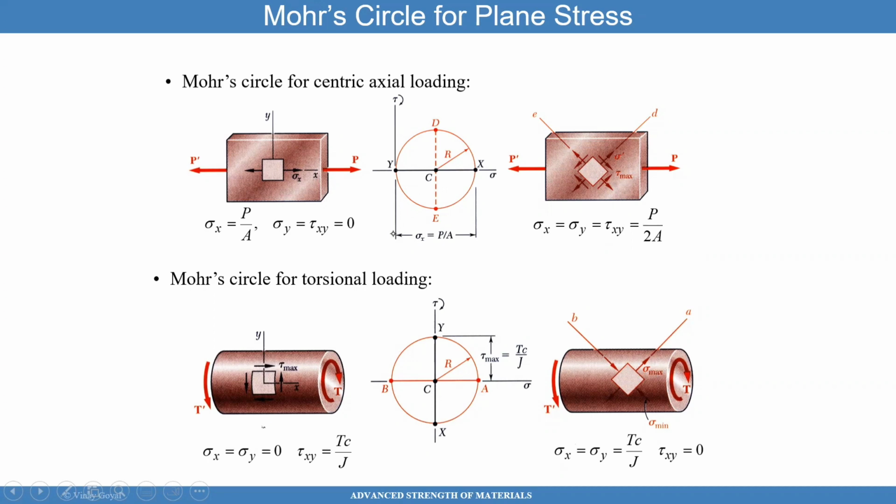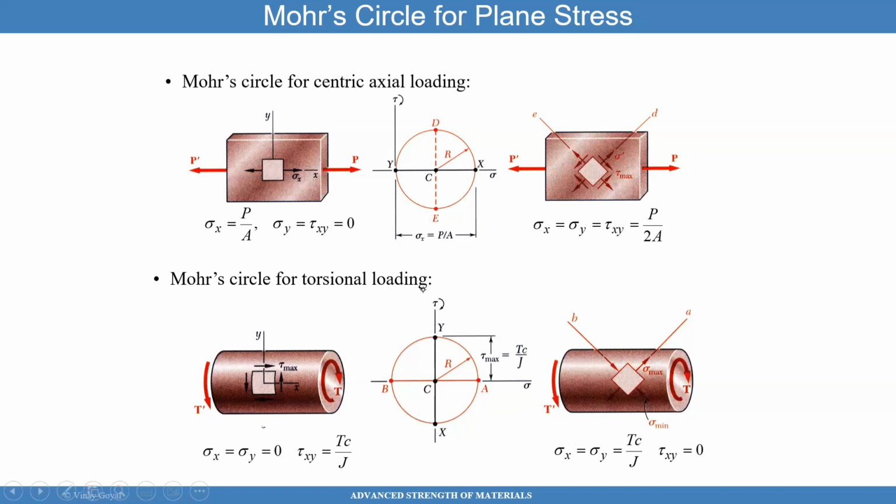You can see sigma x goes from here to here. So therefore, when I put my dots x and y, because shear is 0, you can see that it lies on this axis, x and y. So in this case, the intersection is such that the minimum principal stress is 0, and x is going to be the maximum stress of P over A.